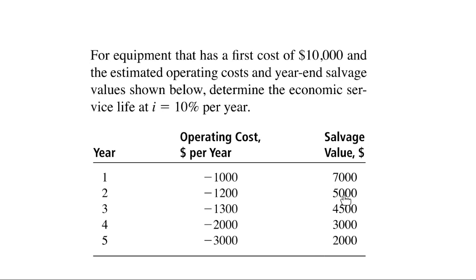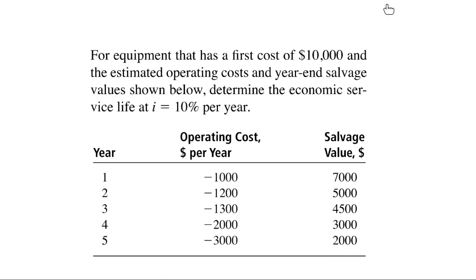But you don't consider the salvage for year 1, because the salvage value is considered once at the end of the lifetime. So if we are working on year 3, we have to consider the operating cost for all the years 1, 2, and 3, in addition to the salvage value for the third year. And all the time we have to consider the first cost, which is the initial cost.